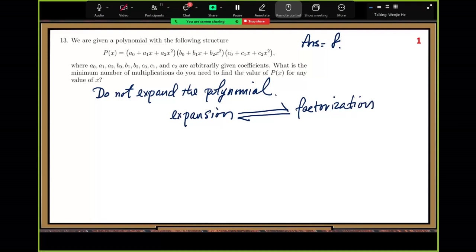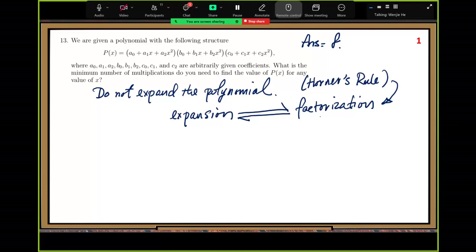And we know why Horner's rule is so fast: Horner's rule takes advantage of factorization. In other words, factorization helps us make the computation fast by reducing the number of multiplications. So factorization is the key to the success.